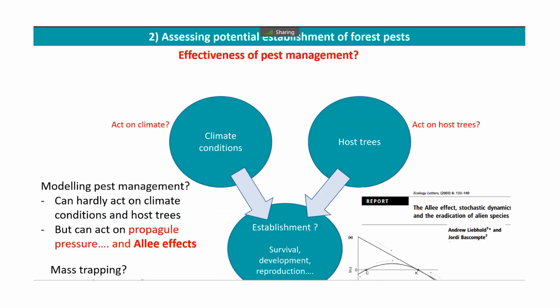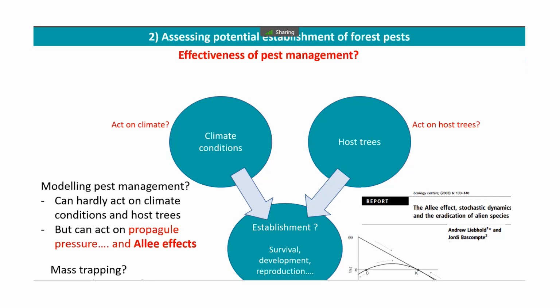So regarding the stage of establishment, I'm not presenting so far the effectiveness of pest management. In fact, as I said, establishment is mainly based on two factors: climate conditions and host trees. And it seems difficult to act on climate and host trees, at least in the short term.